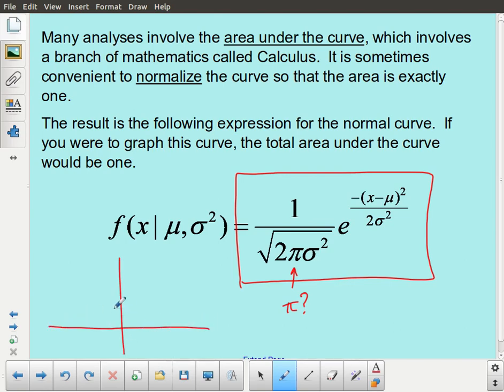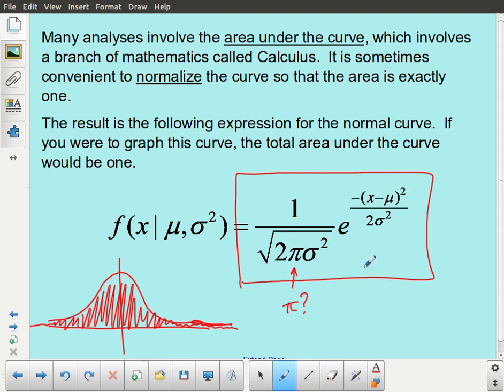What this expression accomplishes is it takes all of the possible area under that normal curve, even though that curve stretches out to infinity in theory on either side, and by making these changes to the expression, you can result in an area of 1. And that's just convenient. Again, I'm not going to get into depth about that.